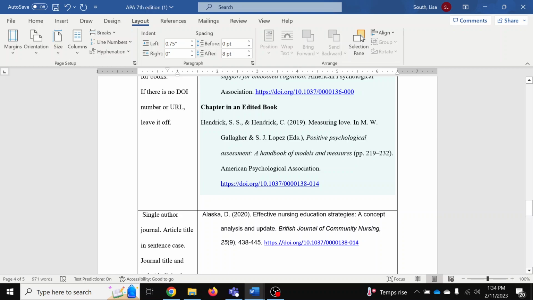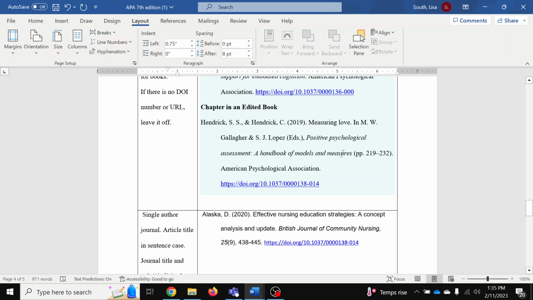A chapter in a book. Here's a chapter in a book. Here's the people who wrote the chapter. Here's the name of the chapter. Here are the book authors. See where it says editors? Okay. And this is the title of the book, just like above. See that book?